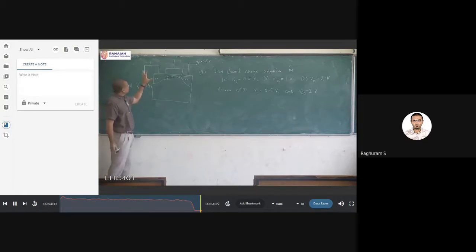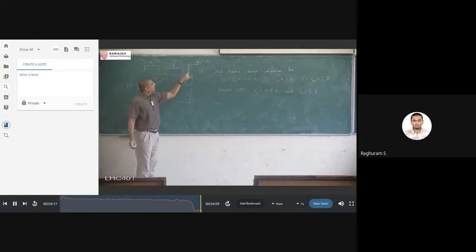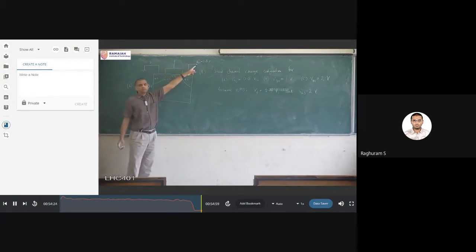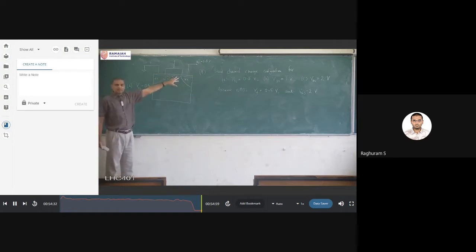They try to stay outside of the ground region as much as possible. But on this side it is slightly more. This is at 0, this is at 0.5. So if there are some electrons here, they prefer to go inside the drain region because it is at a slightly more positive voltage compared to the source region.